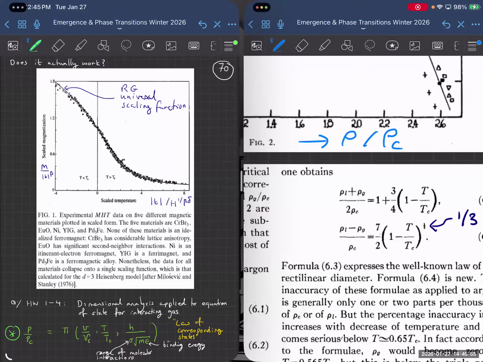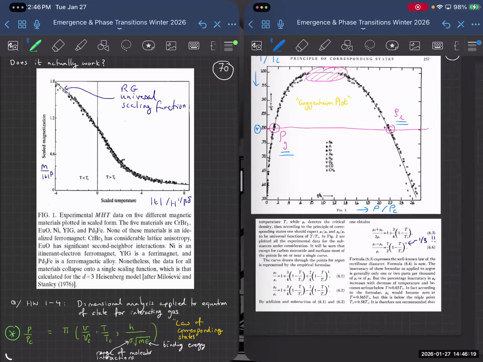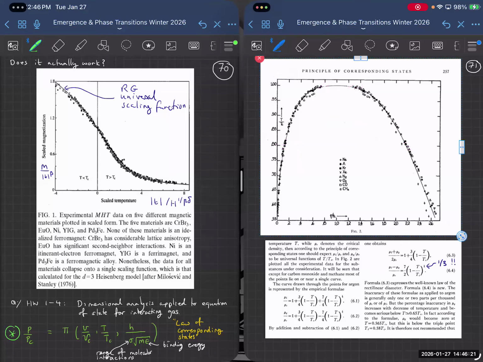He noticed that very close to the critical temperature, the density of the liquid minus the density of the gas over the average density went like 1 minus T over Tc, which is Tc minus T over Tc, little t, to the power 1/3. Now that's not the exponent you get from mean field theory. In mean field theory, beta is a half.